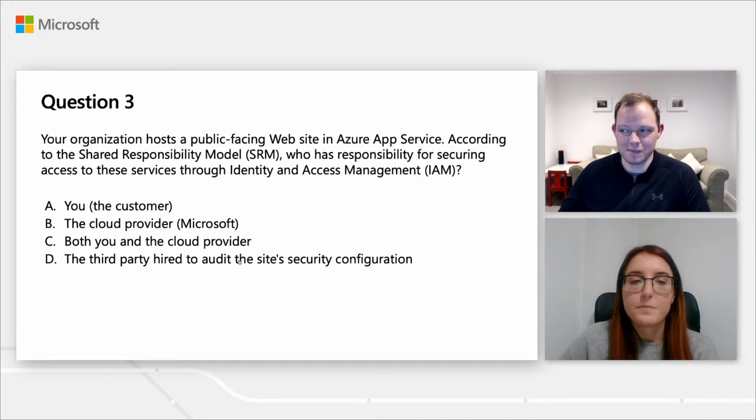So let's see option D. Maybe I would say it's true. What do you think? I think the point here is that if we hired a third party to audit the security of our site, they would probably be responsible for letting us know that potentially the identity and access is weak and open, but it's not their responsibility to secure it and to implement it.